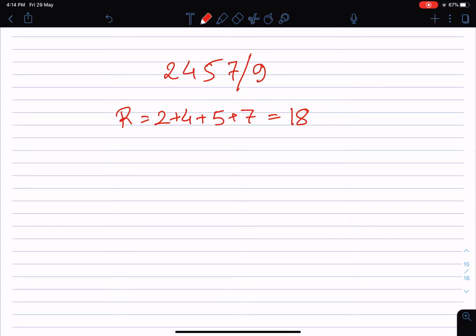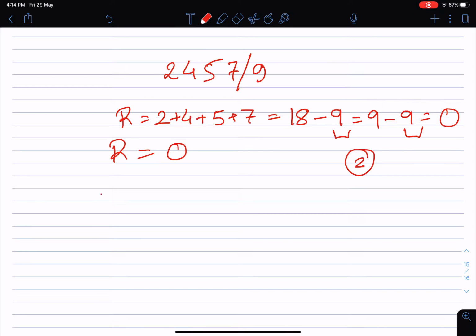So again you have to subtract 9 from this once, and then the remainder will be 9, again 9, so R will be 0, and we have subtracted 9 twice, so you have to remember there is a digit 2, which we are going to add to the quotient when we calculate.